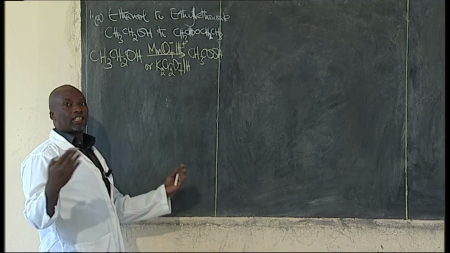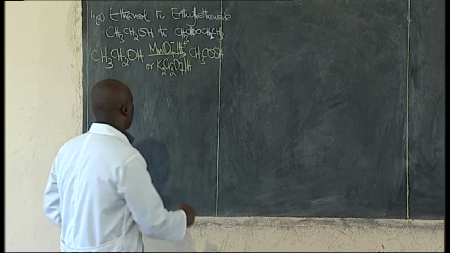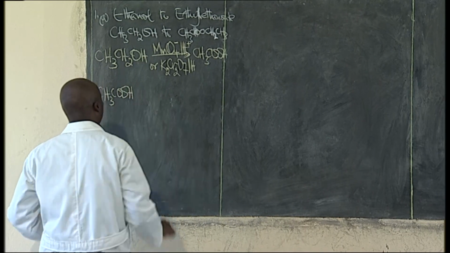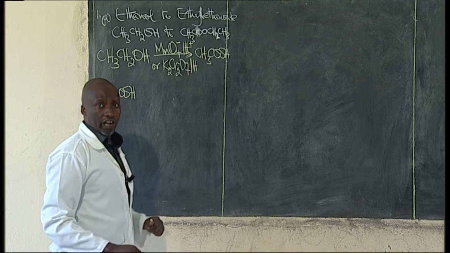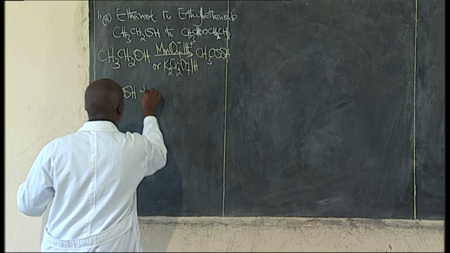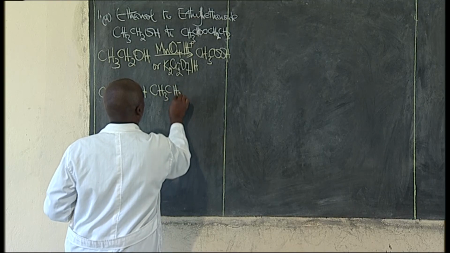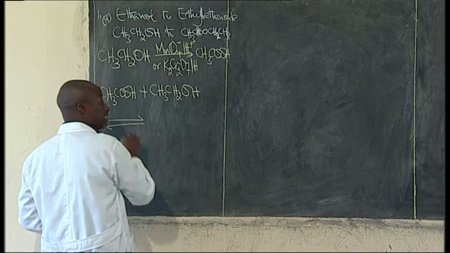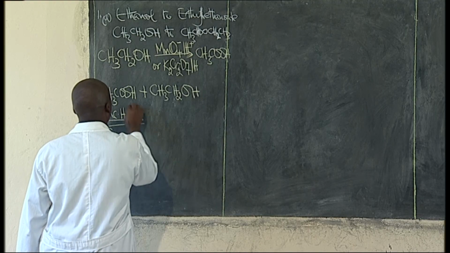After getting that carboxylic acid, we will react the product with ethanol. So we'll get the carboxylic acid, that is ethanoic acid. Then we add ethanol, because, remember, this reaction is reversible and takes place in presence of concentrated sulfuric acid.